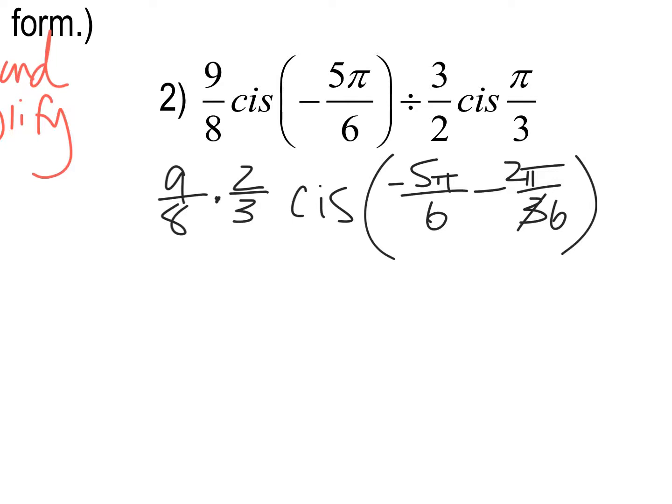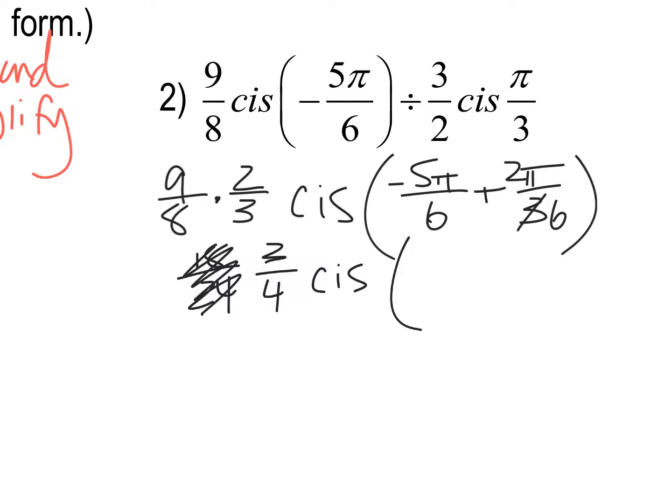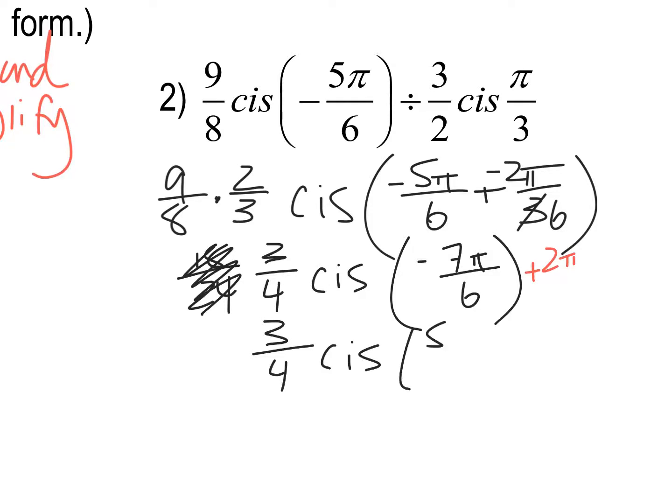I'm going to reduce some stuff over here. 9 times 2 is 18, 8 times 3 is 24, and 18 over 24 reduces to 3/4, dividing everything by 6. And I'm going to have a negative theta, negative 7 pi over 6. If I wanted to, I could add 2 pi to that to figure out what the positive theta is. I think better in terms of positive thetas rather than negative thetas. So if you add 2 pi to this, you end up with 3/4 cis 5 pi over 6.